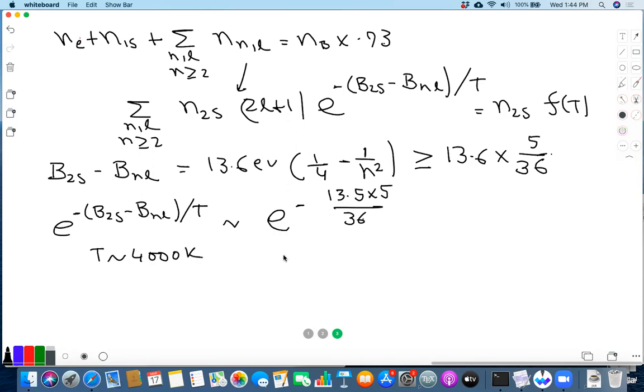So if you take t of order 4000 K, then that's 1 over 4000, we convert to electron volt, times 8.6 times 10 to the minus 5. And that's about e to the minus 5. Okay, if you do this calculation, it's like e to the minus 5. So it's a reasonably small number.